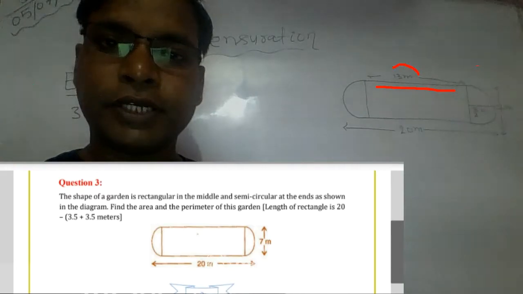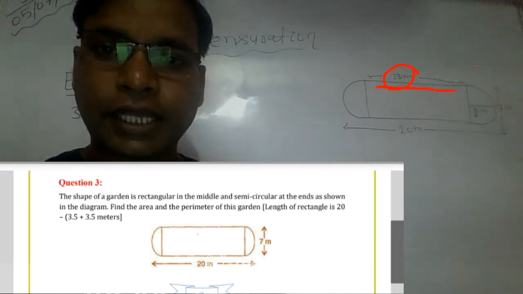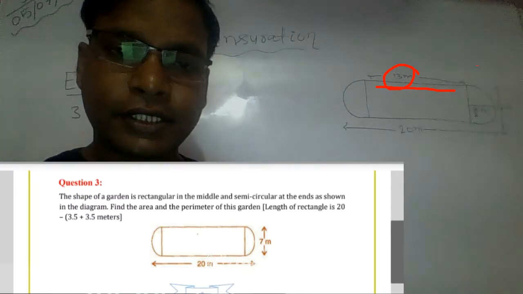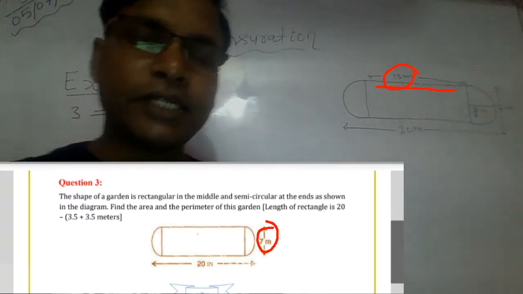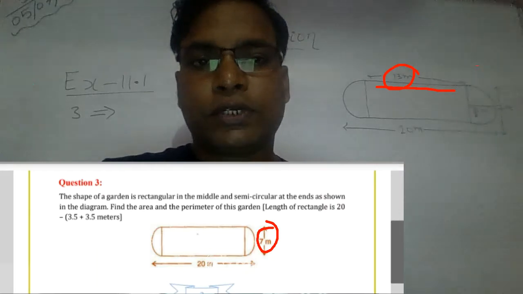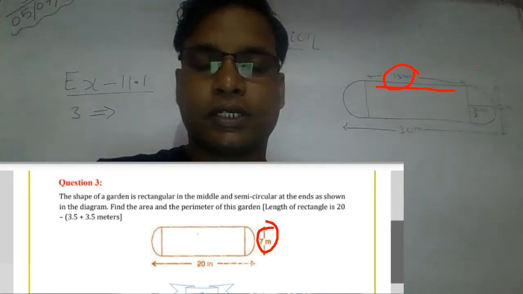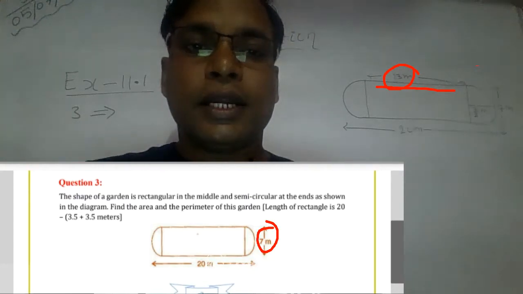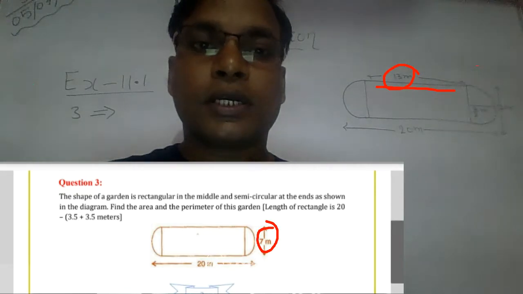You can see here, this is the length of the garden, 13 meter, and the breadth of the garden is given here, 7 meter. So area of the rectangular part is 13 into 7 meter square, which is equal to 91 meter square.